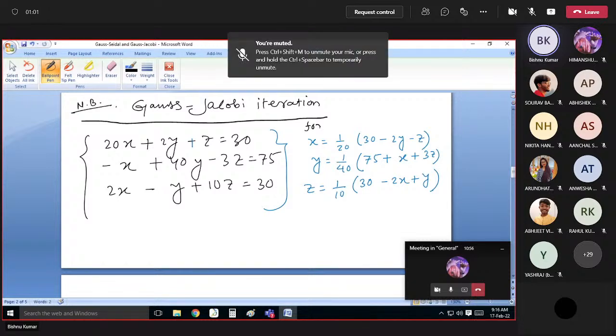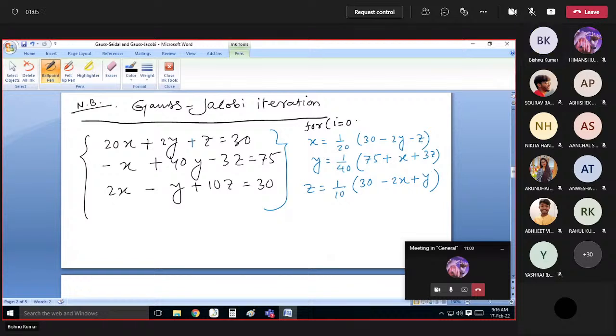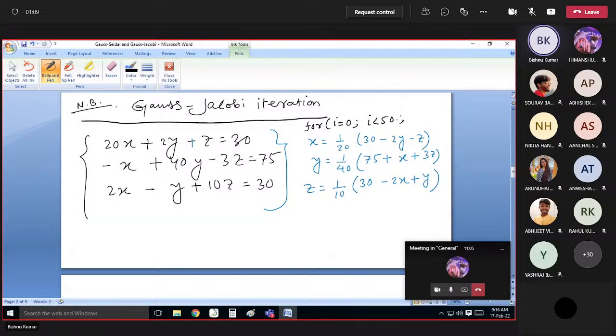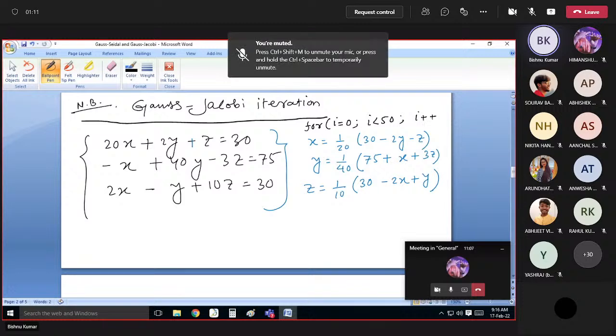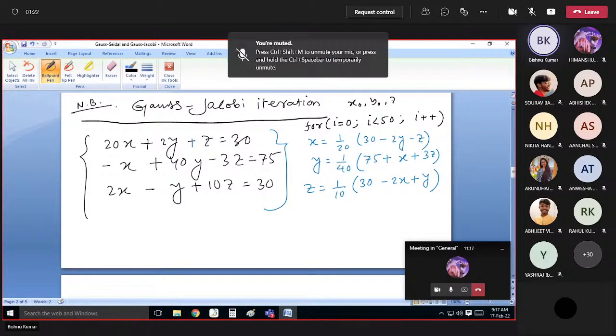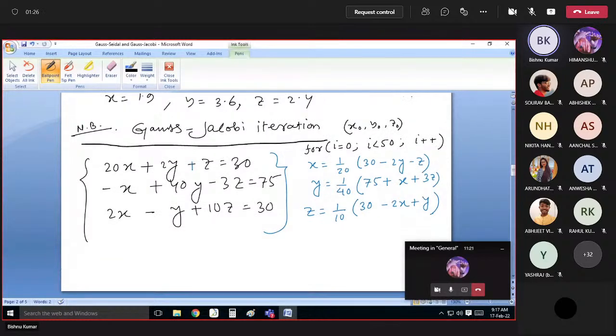Suppose I am using a for loop, I equals 0, I less than some number, since I'm doing lots of iteration, I plus plus. x0, y0 and z0 are the initial values that you have to consider, or in the question it will be given to you.